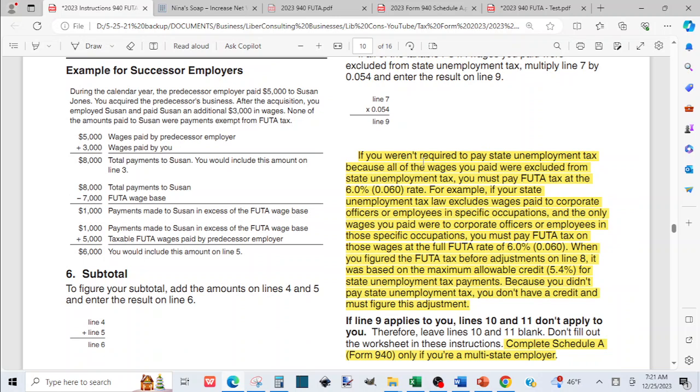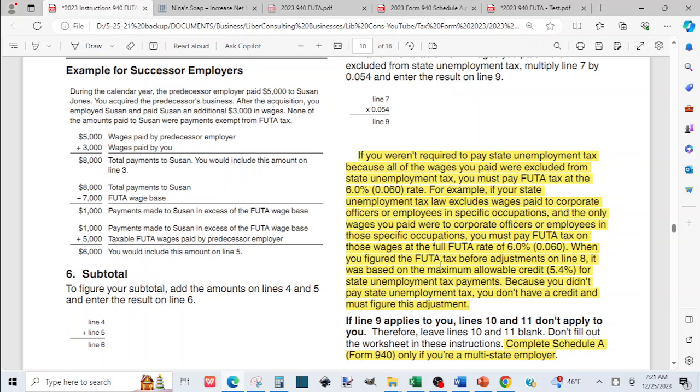If you weren't required to pay state unemployment tax because all of the wages you paid were excluded from state unemployment tax, you must pay FUTA tax at the 6% rate. For example, if your state unemployment tax law excludes wages paid to corporate officers or employees in a specific occupation, and the only wages you paid were to corporate officers or employees in those specific occupations, you must pay FUTA tax on those wages at the full FUTA rate of 6%.